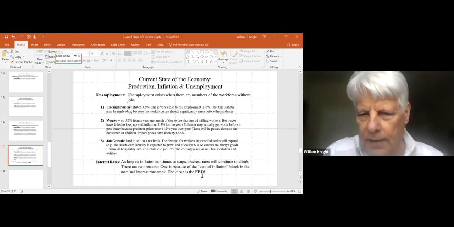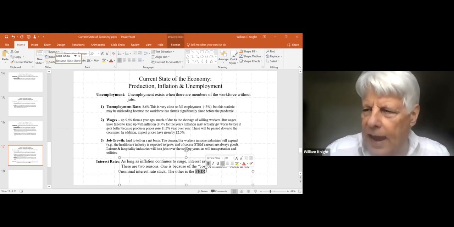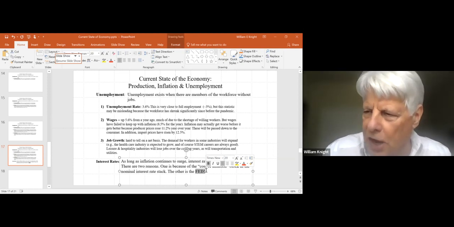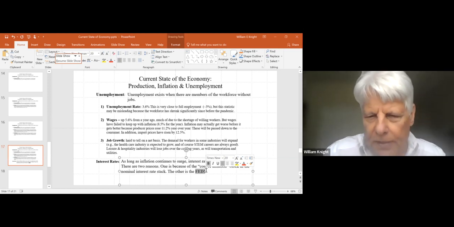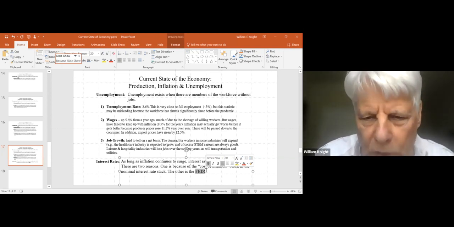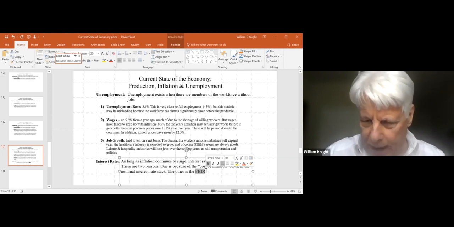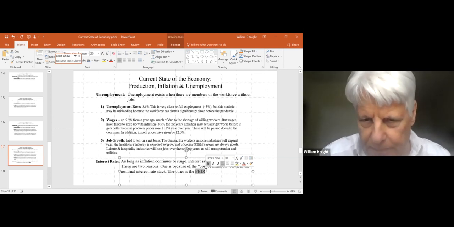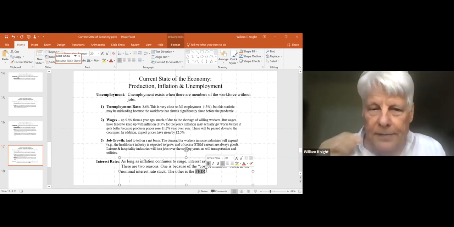But there's a second reason. As you can see here, that second reason is as a result of the policies of the Fed. Now, what the heck is the Fed? The Fed is the affectionate nickname for the Federal Reserve System, which is the branch of government that conducts monetary policy, which we're going to start talking about tonight.